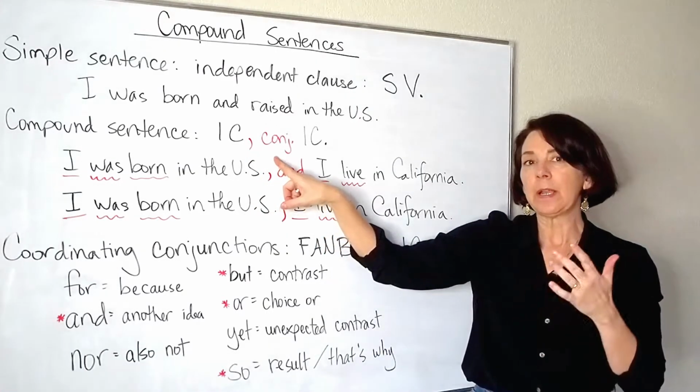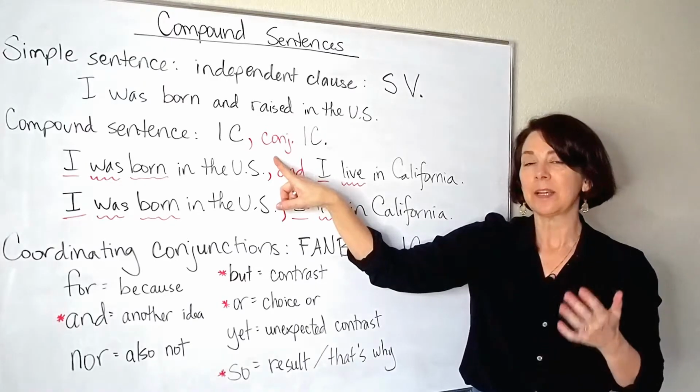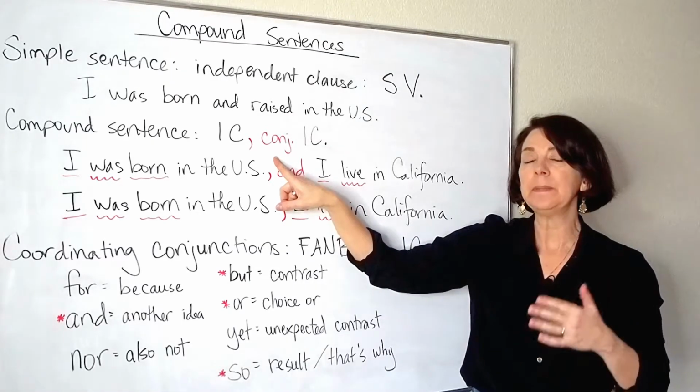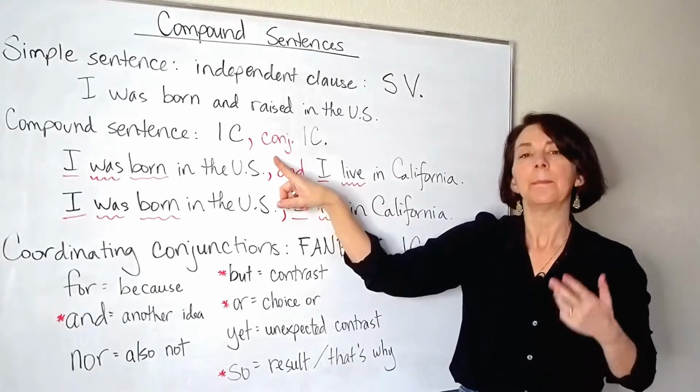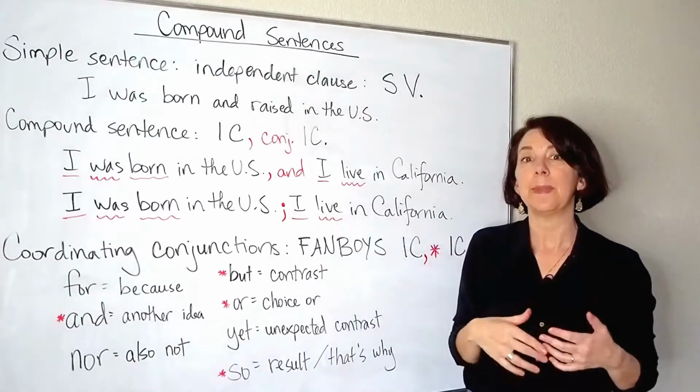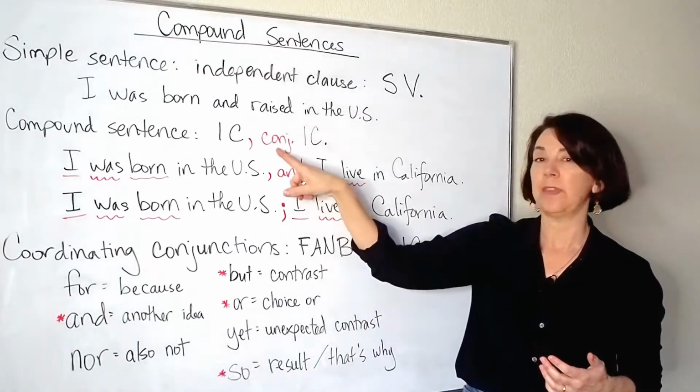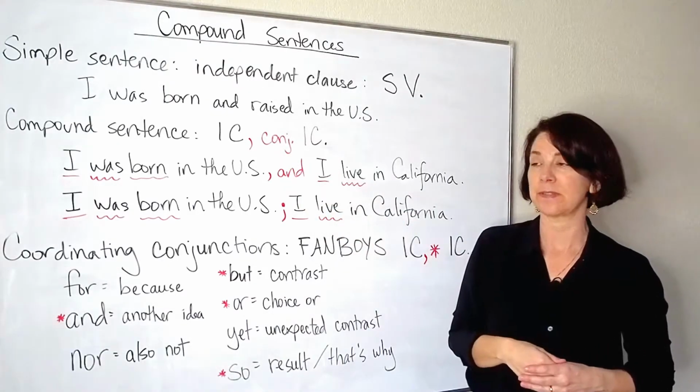This is a very common and pretty easy type of sentence, but it's extremely useful because, first of all, we use them all the time, but also because you can express many different meanings with these special conjunctions.